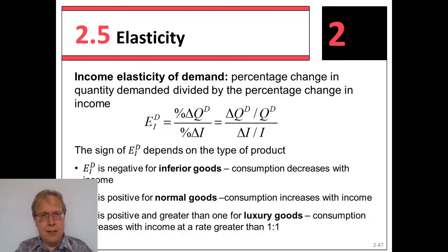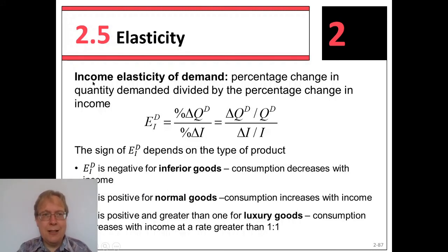We love elasticities. There are many more elasticities that we can think of, but they always have the same structure, if you like. So one thing we could also look at, and we will actually do that in a couple of lectures, is the income elasticity of demand. So again, the cause is here, the effect is here.